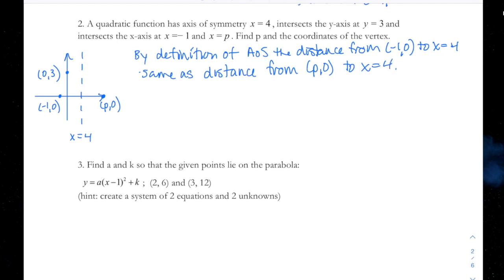So this is, if you remember all our talks on reflection, a reflection about the line x equals 4.